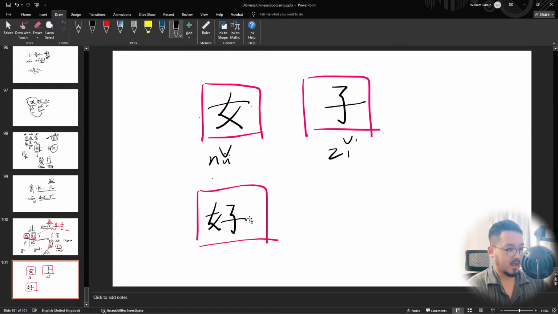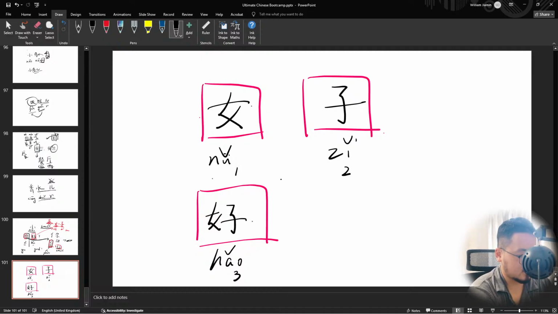And this is also a character, a multiple component character. This will be 好. So this is like three characters: character 1, character 2, and character 3. But we can decompose the third character into two characters. But that's a different meaning.